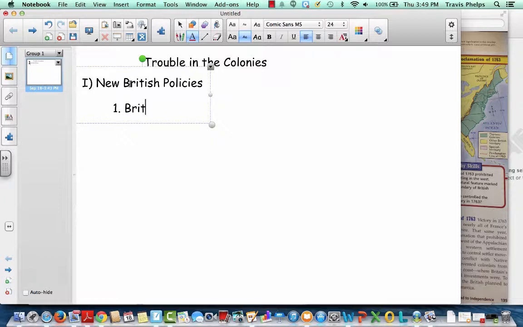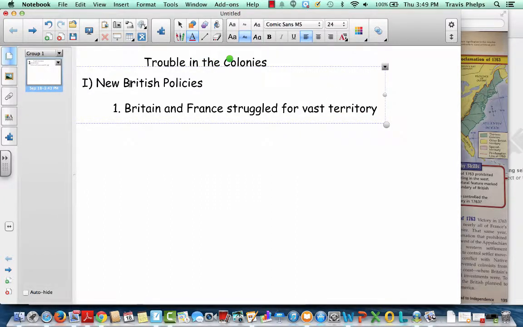So we'll say Britain and France struggled for Appalachia, or I should say, inland, vast territory. Maybe we'll do inland territory. Vast inland territory.